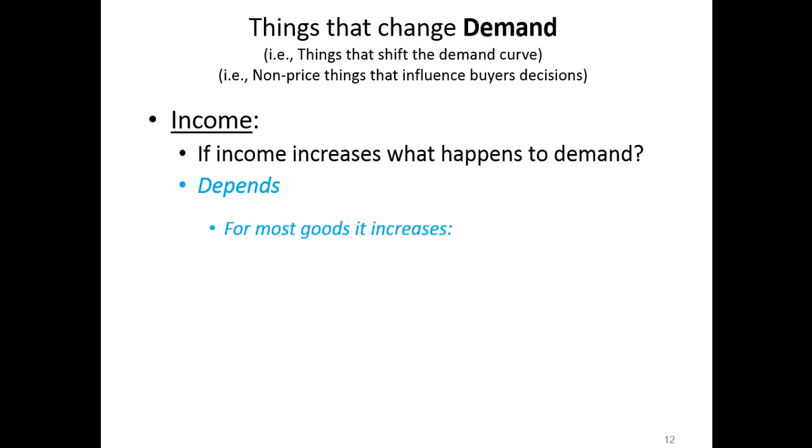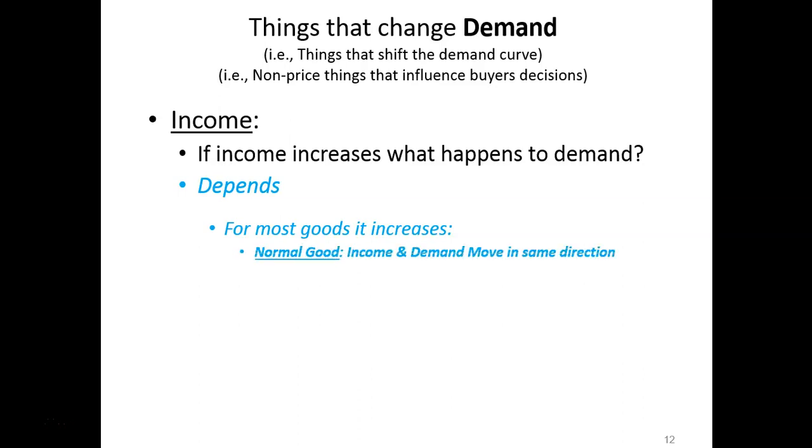So if my income doubles, for example, I'll go to restaurants more. I'll buy more fun things. I'll worry less about how much I'm spending on gas. I'll not worry too much about what temperature my thermostat is, trying to save money or anything. So for most things, demand increases when income increases.